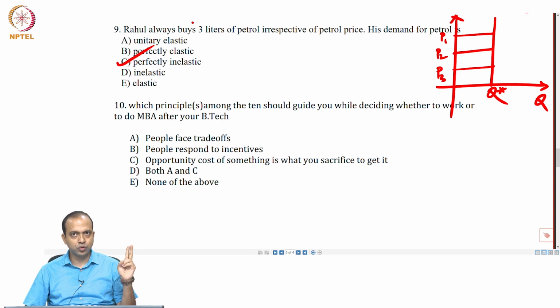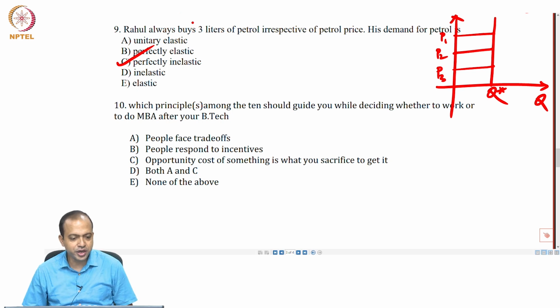Either you get placement and start working, or you go for an MBA degree or higher education. So, how do you decide whether to go for MBA or to continue with the job that you got? Some principles should guide you to take a better decision.